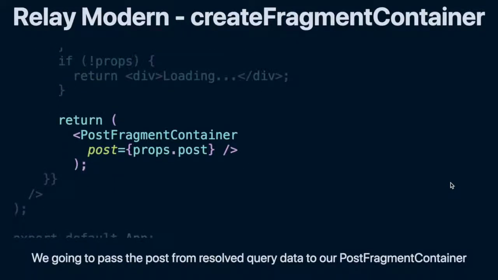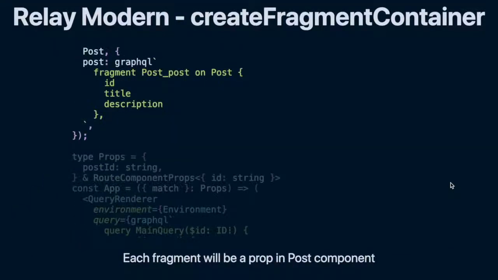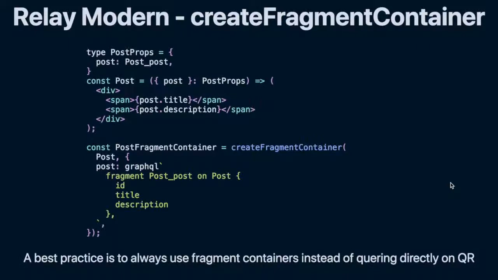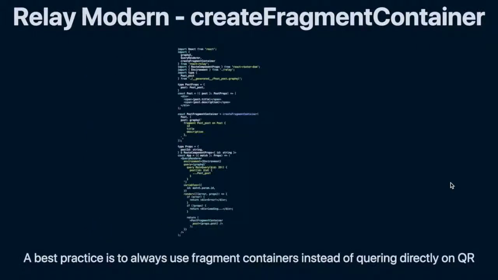We're going to pass the post prop from the query handler to our post fragment container, so it's going to get the data we need. Each fragment container receives the same property we asked for. In this case, post, so we're going to receive a post prop. A best practice is to always use fragment containers instead of querying directly in the query, so you know which data is for each component.